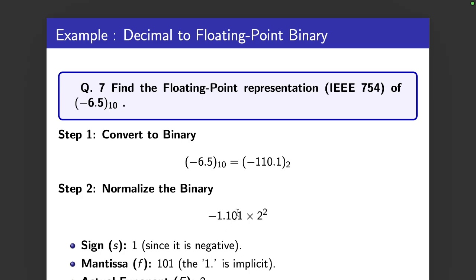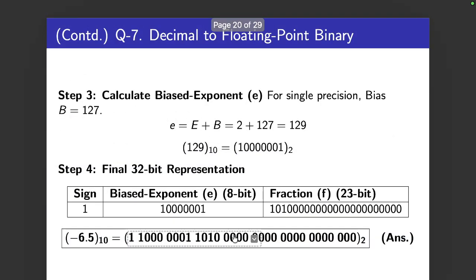So we put 101 here and the remaining places are filled with zeros. This is the single precision 32-bit floating point binary representation of the decimal number minus 6.5 to the base 10.